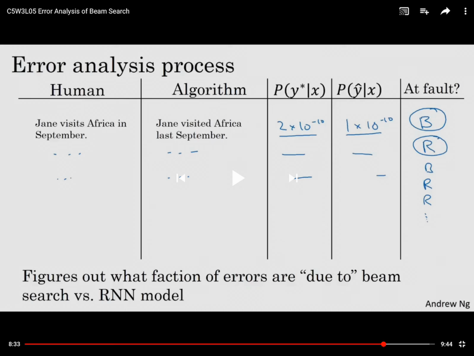So we have our initial encoding vector generated by our encoder model, and then we can evaluate the joint probability of this particular sequence, and this one is the suboptimal answer generated by our beam search, right? Then we compute their joint probabilities and see which one has the bigger probability, okay?